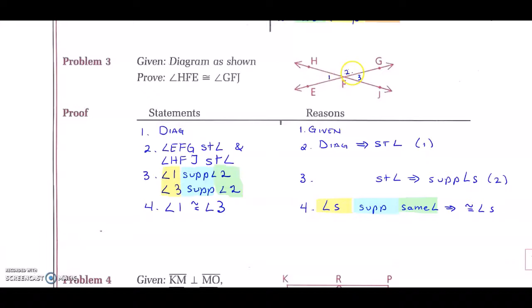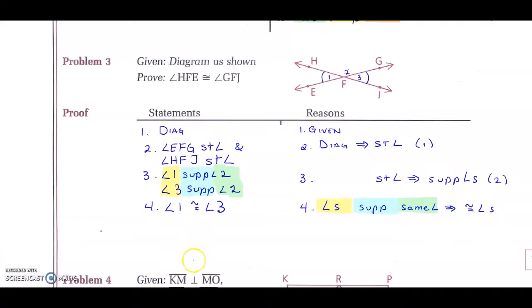But I did note on the diagram that angle 1 was angle HFE and angle 3 was angle GFJ. As long as I note it on the diagram, then I can go ahead and number the angles.